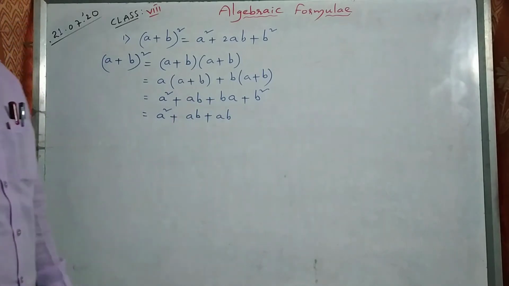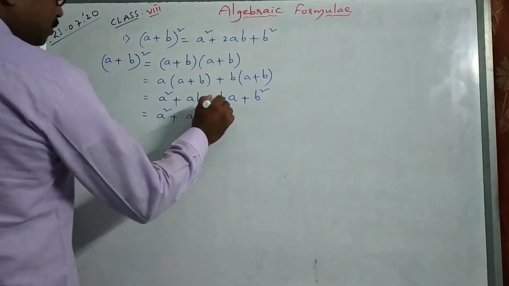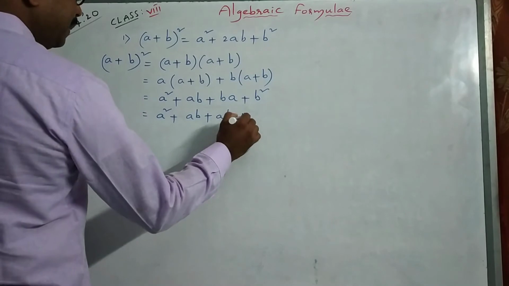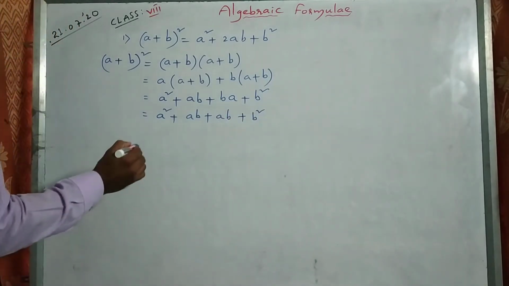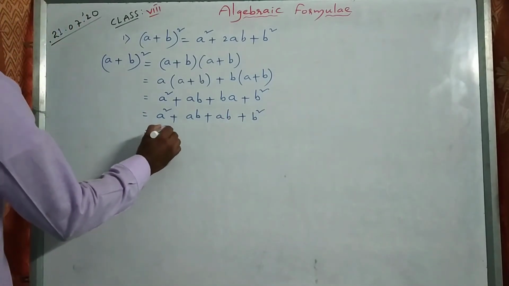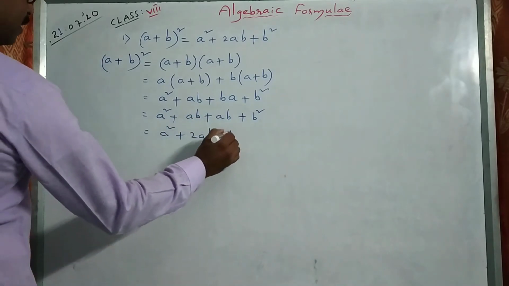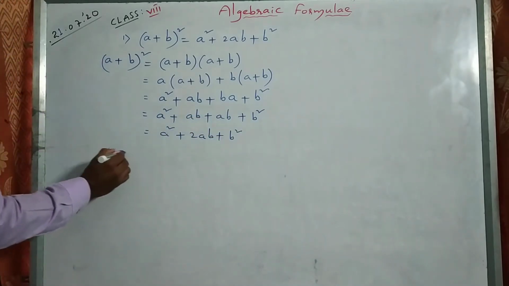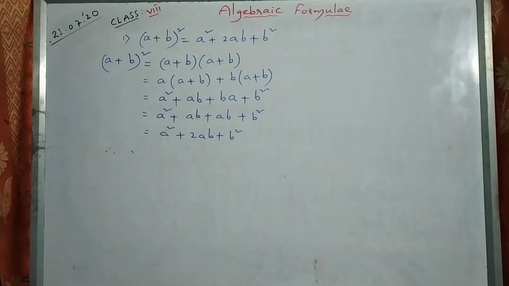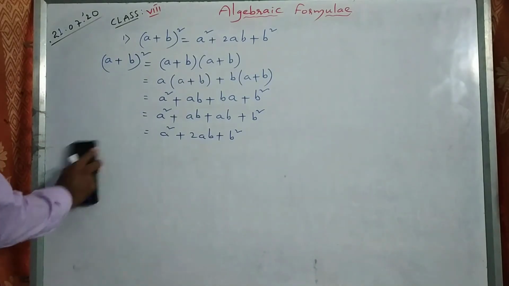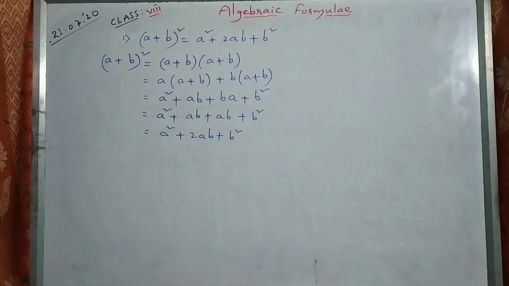Real numbers will satisfy commutative property. So instead of ba we can write ab, plus b square. So a square plus ab, how much? 2ab plus b square. So what is the formula for (a plus b) whole square? A square plus 2ab plus b square.